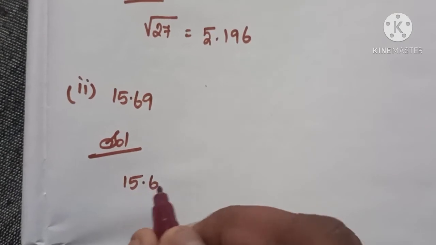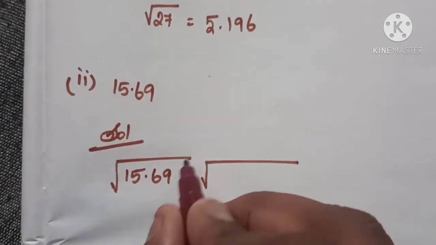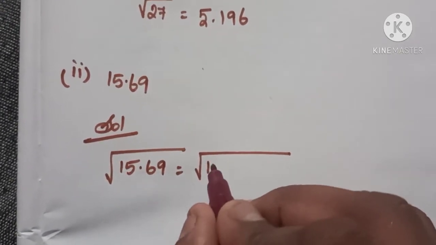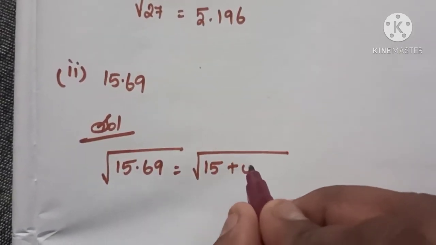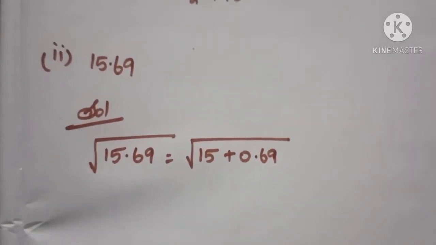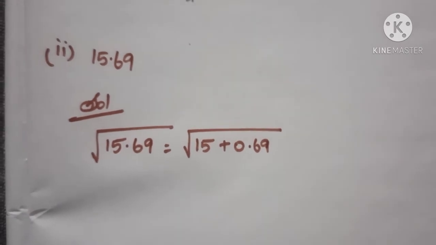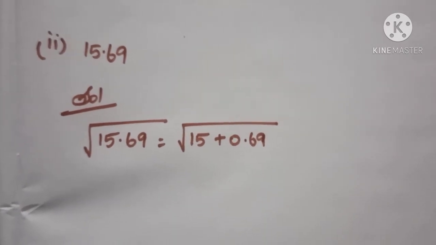So we need to find the square root of 15.69. It can be written as 15 plus 0.69, integral part plus decimal part. You need to separate like this, and then continue as before.